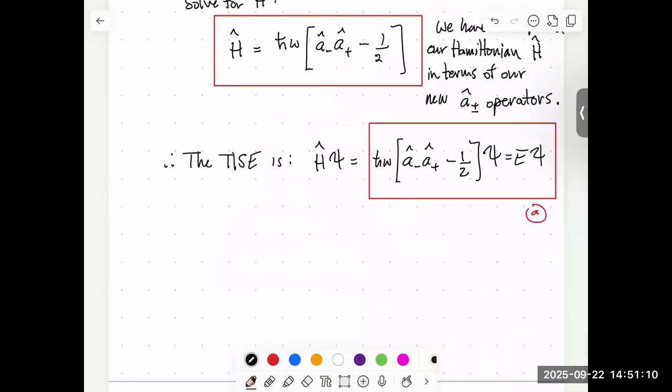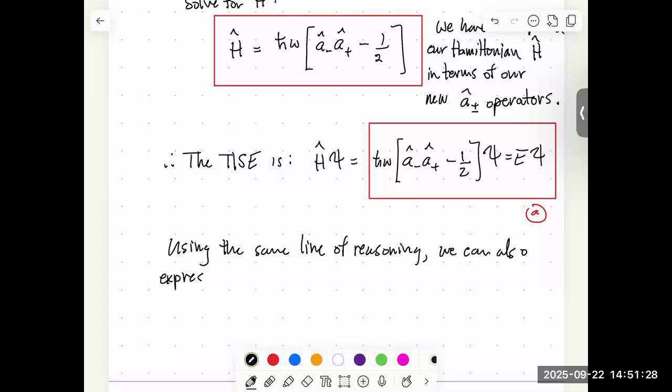And if you do, what you'll find, using the same line of reasoning, is that we can also express a plus times a minus. So I reverse the order of this product. And we've already seen that reversing the order of how an operator acts is not equivalent.